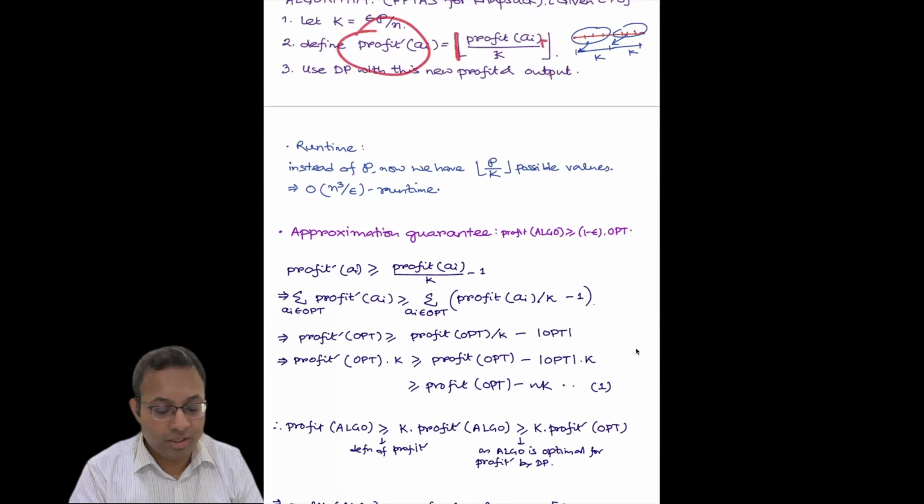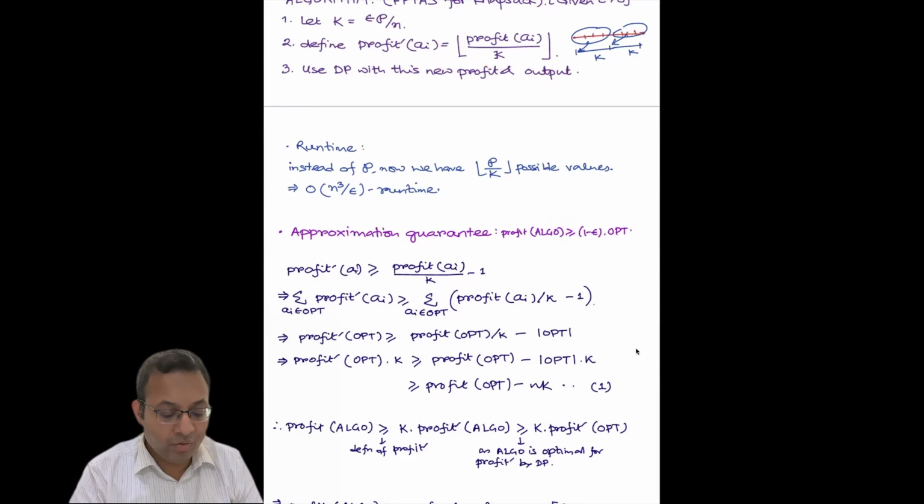If I'm rounding it down, then if I take this value and subtract 1, compared to that, profit i by k is anyway larger because it's a rounded down value of this, but this is still more than profit i by k minus 1. So that's the first property, from only the rounded down property.